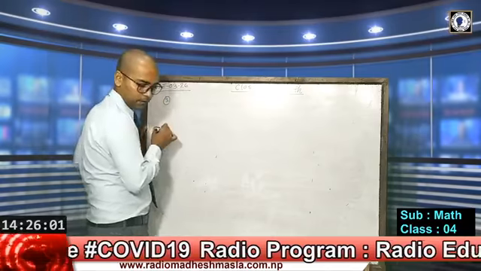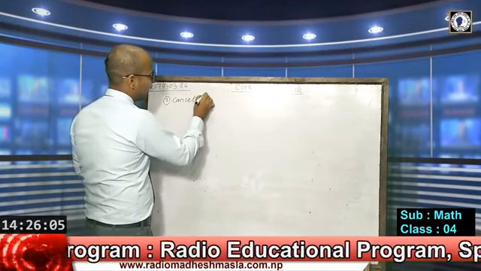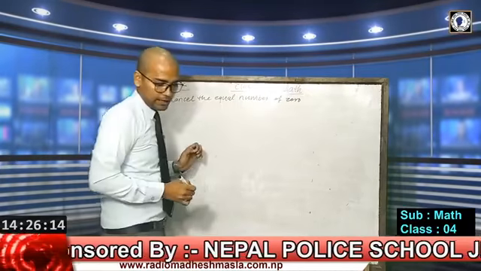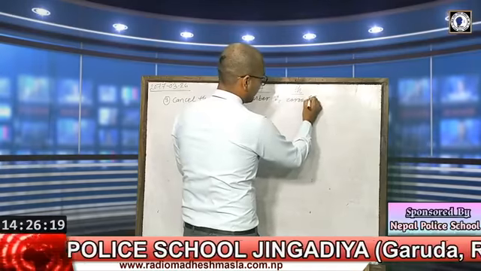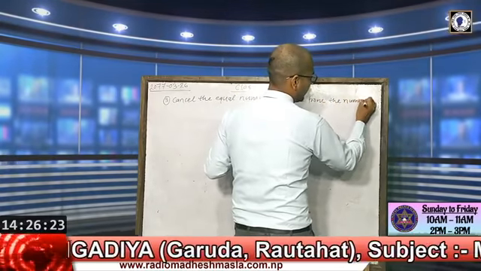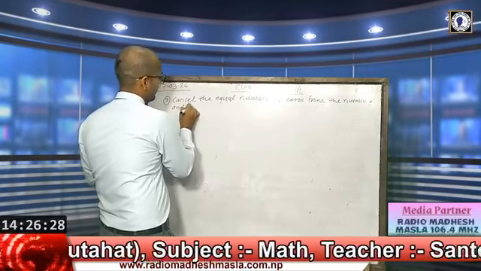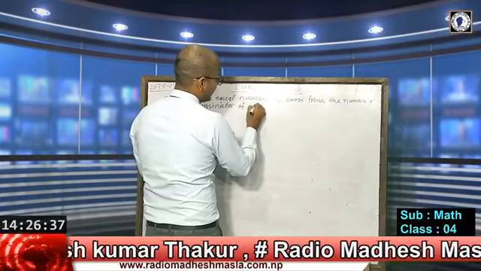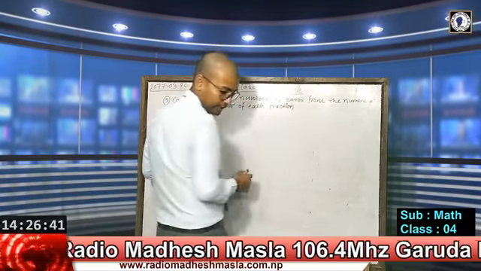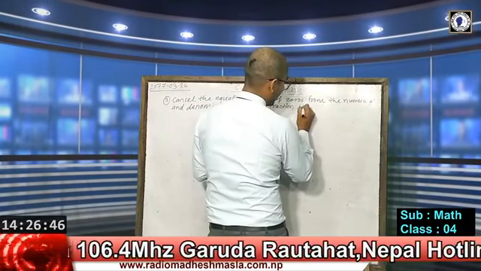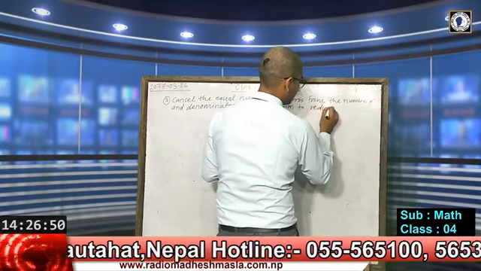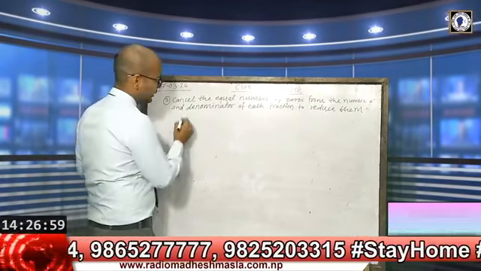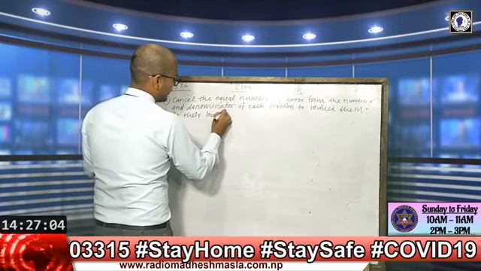Suppose third question: cancel the equal number of zeros from the numerator and denominator of each fraction to reduce them to their lowest term.